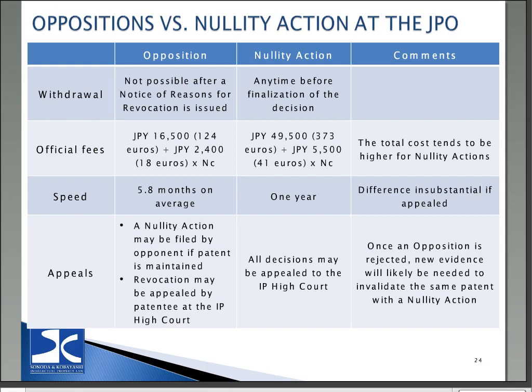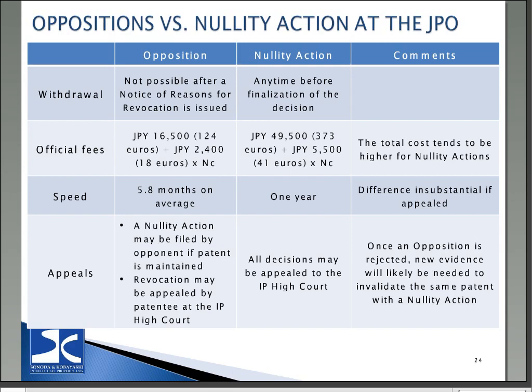The finalization of the decision means even if you receive a decision by the Board of Appeals, that is not yet finalized, because you can file an appeal to the IP High Court, for which you have usually more than 30 days. And within these 30 days, you can withdraw your nullity action, and everything will become indefinite.